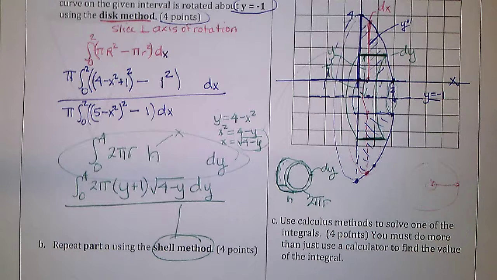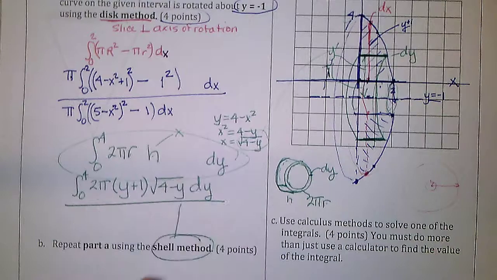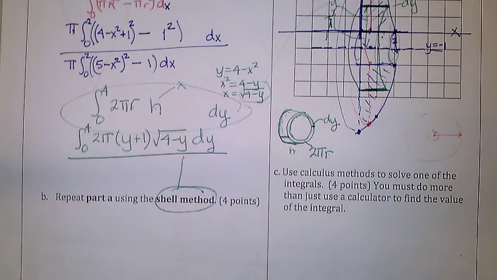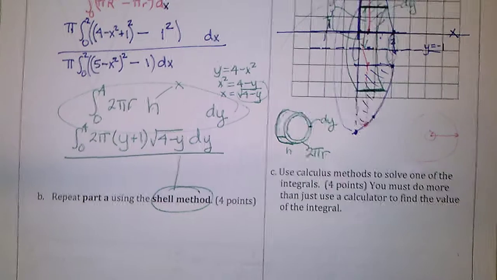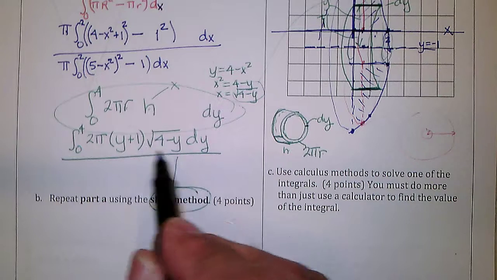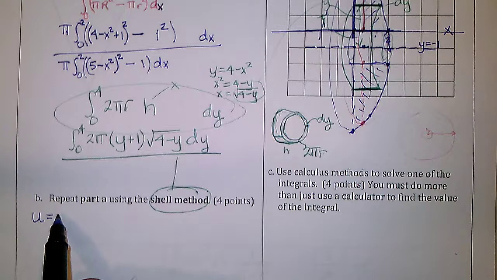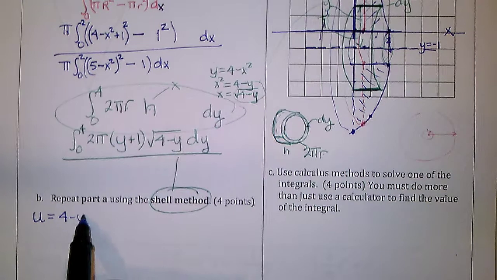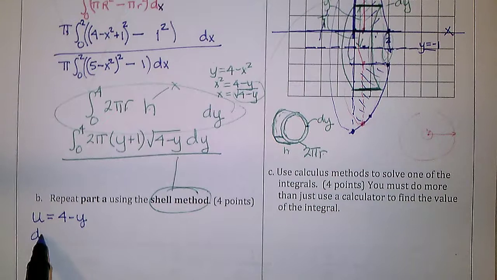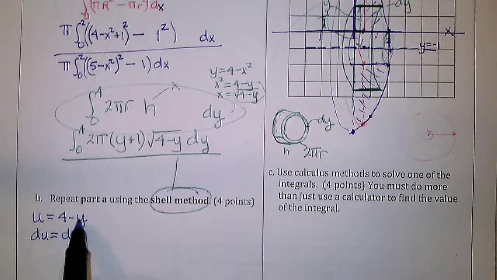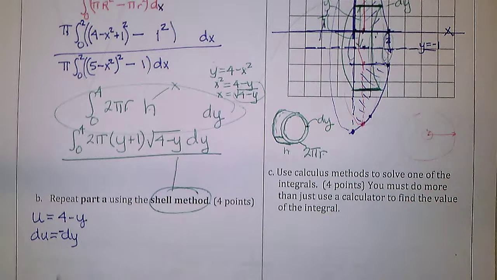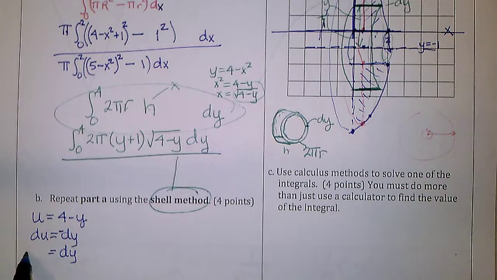Okay, now I'm going to integrate this. Since the shell's right here, I'm just going to continue down here on the integration of it. Well, I don't care for the 4 minus y under the square root, so I'm going to let u equal 4 minus y. Then du would equal negative dy. So I'd replace dy with negative du.